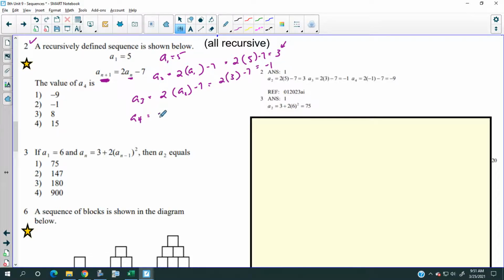A4 then is 2 times the term before that, which is A3, minus 7, which means it's 2 times negative 1 minus 7. Negative 3 minus 7 is negative 10. Did I do something wrong this time? Oh wait, oops, I multiplied it. I thought this was a 3. Yeah, it's negative 9. That's why. All right, that's it.